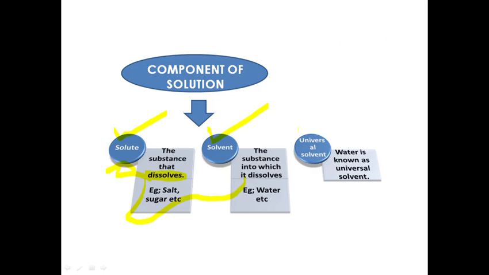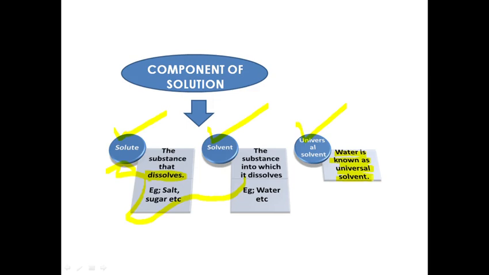Basically, if it's a liquid solution then the solvent is still water. If it's a gas liquid solution, the solvent is water and the gas is the solute. Last is the universal solvent. Water is known as the universal solvent. It means water is used in most cases to make a solution.